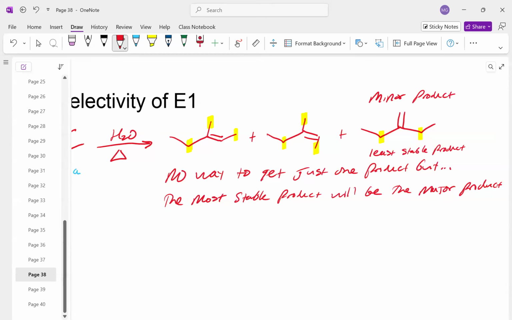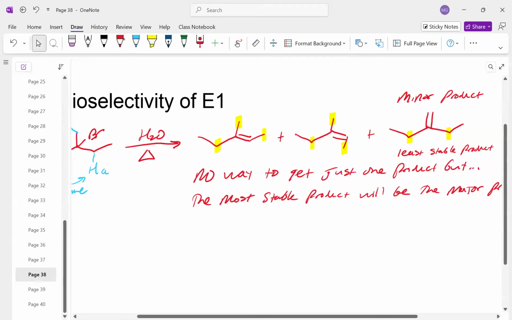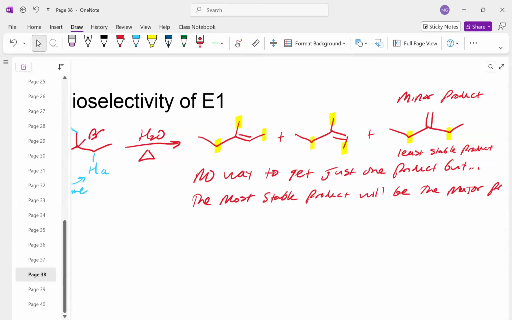Now, can you make a judgment call about the first 2? Because they are both equal in substitution. They both have 3 carbons directly attached to the double bond. So since that's equal, let's look at sterics, because that's the other thing that affects the stability of alkenes.